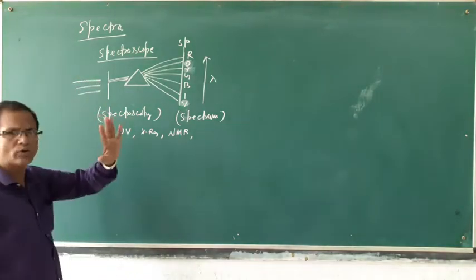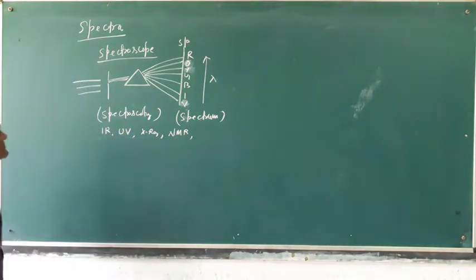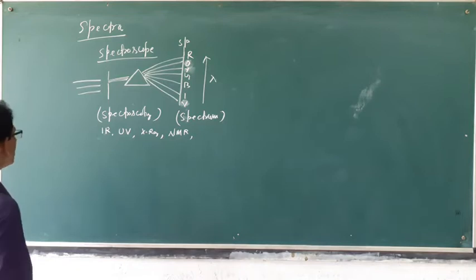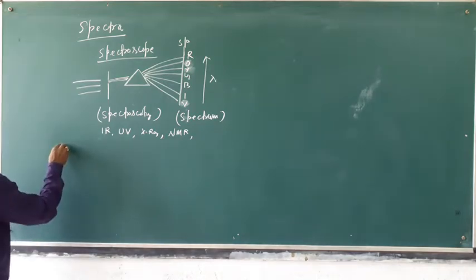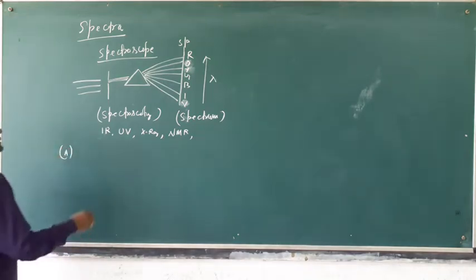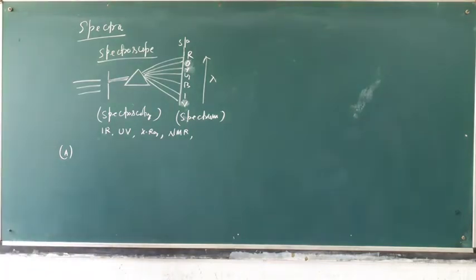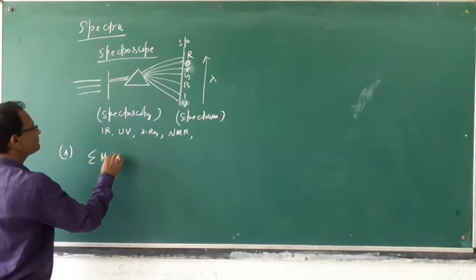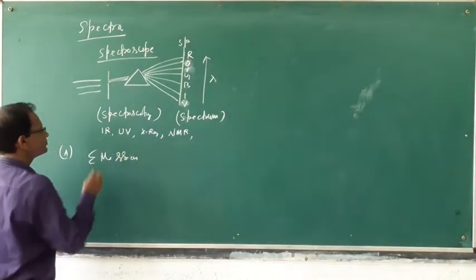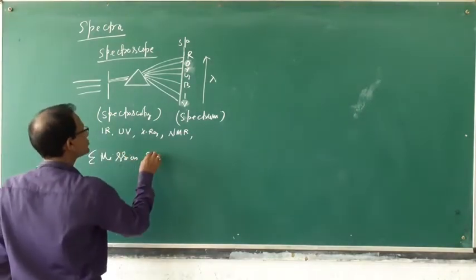Generally, there are two types of spectroscopy. One is emission spectroscopy.